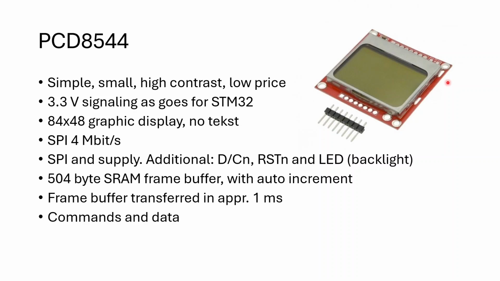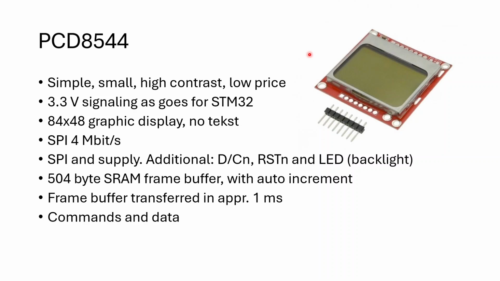For STM32 it is also very nice that it has 3V3 signaling, because at the time of design it already was designed as a low power chip for a cell phone. So you don't need any level converters to interface with the STM32. The display itself is a purely graphic display, so it has no character sets or whatever.